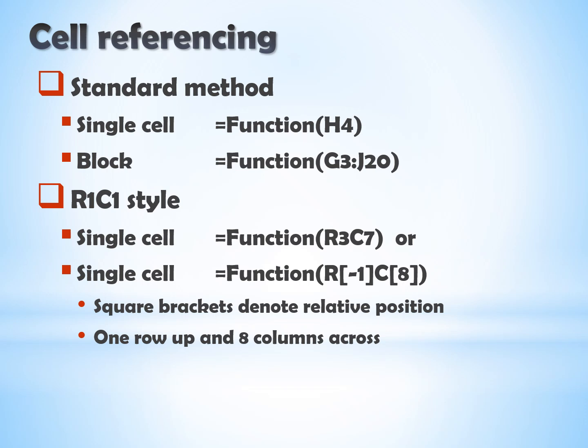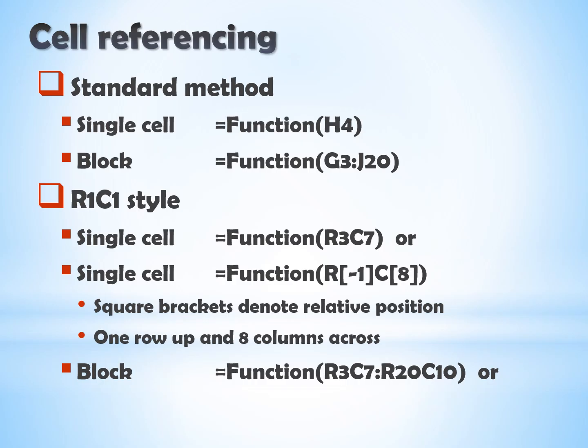The R1C1 style can also be used to denote relative position using square brackets. For example, R[-1]C[8] references a cell located 1 row up and 8 columns across from the selected cell. The same rule is applied for referencing a block of cells.